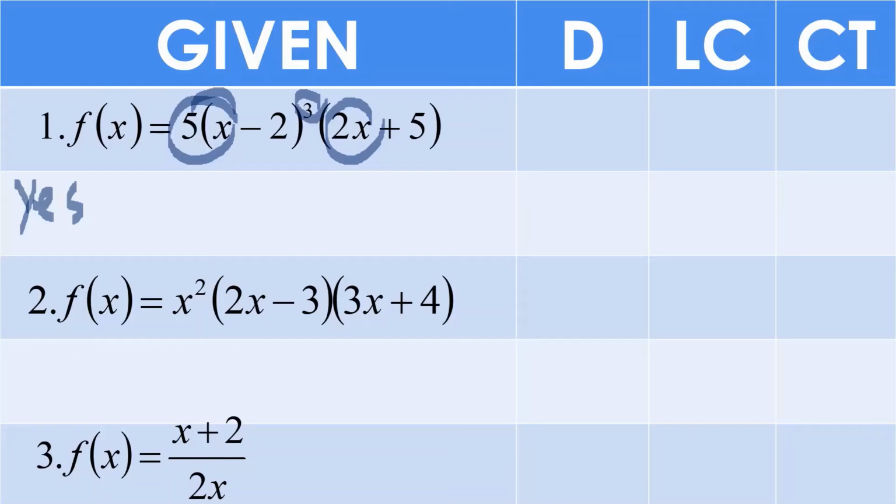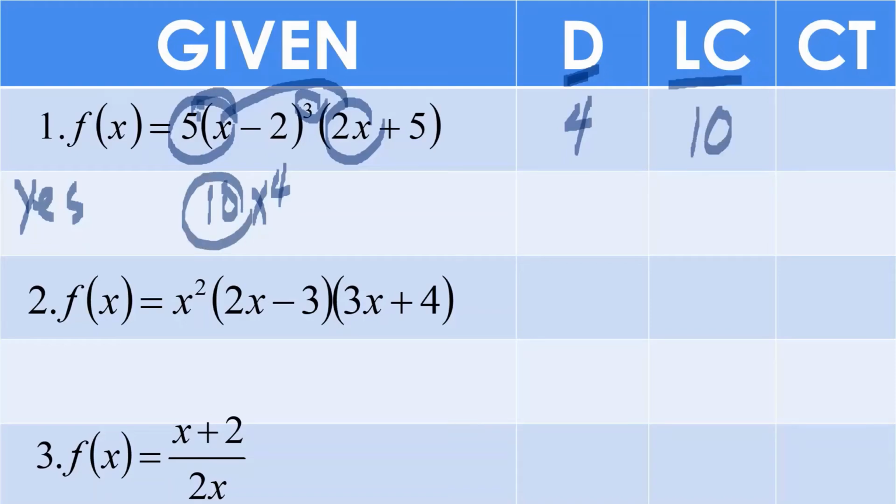Take note that the exponent 3 will be applied to x, so x becomes x cubed. So 5x cubed times 2x will become 10x to the fourth power. So our degree is 4, and the leading coefficient is the number beside x to the fourth, which is 10.